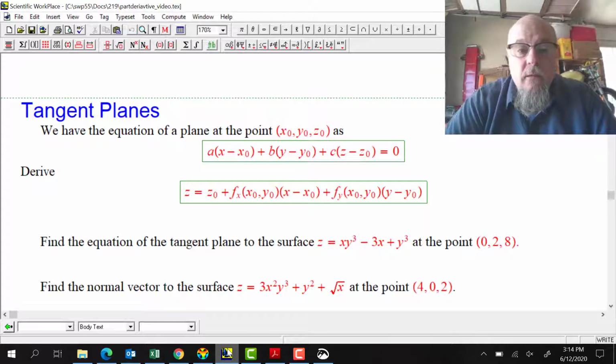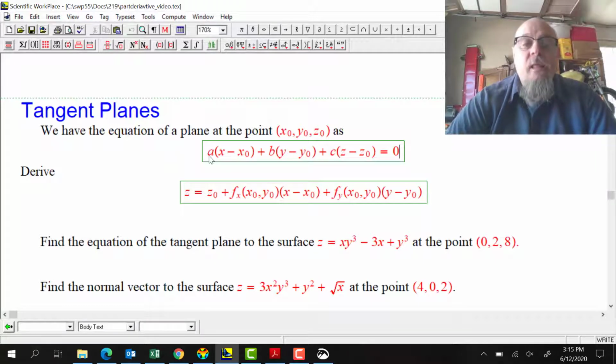In multivariable calculus, we talked about a plane, so now I want a tangent plane instead of a tangent line. And the plane needs to go through the point x naught, y naught, z naught. So here's our equation of a plane as we would have seen it: the normal vector to the plane, a, b, c, dot product against that x minus x naught vector.